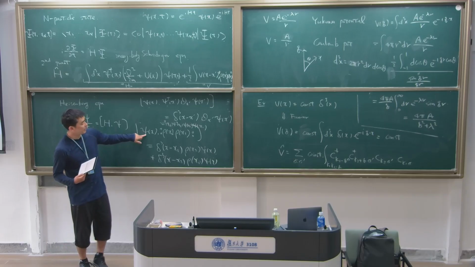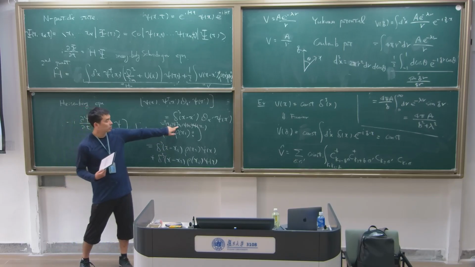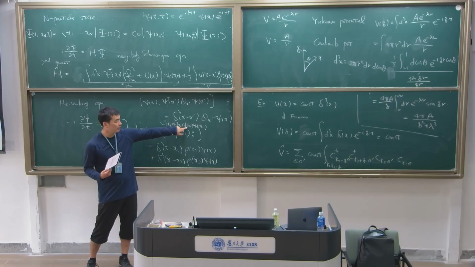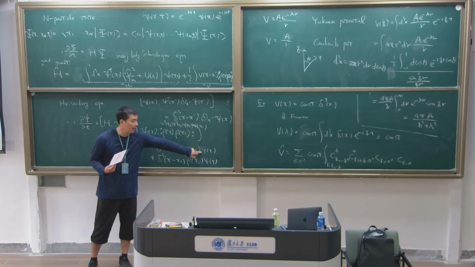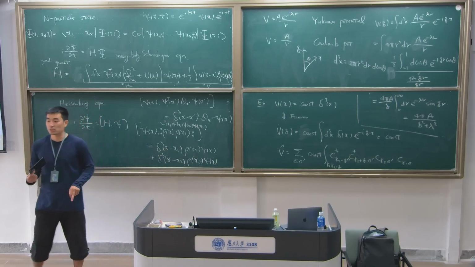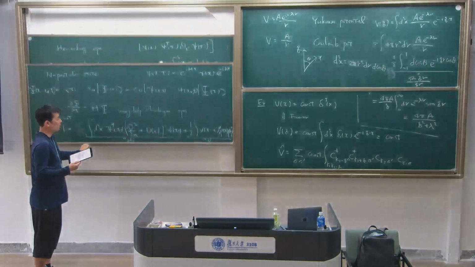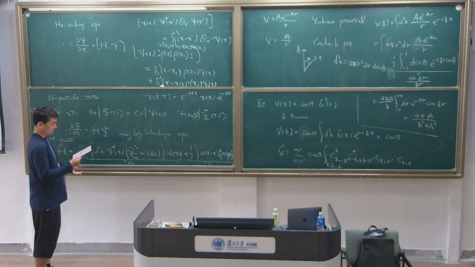So if you commute with psi dagger x1, you get this one, where rho of x2 and psi of x1 are fixed by the delta functions in position.